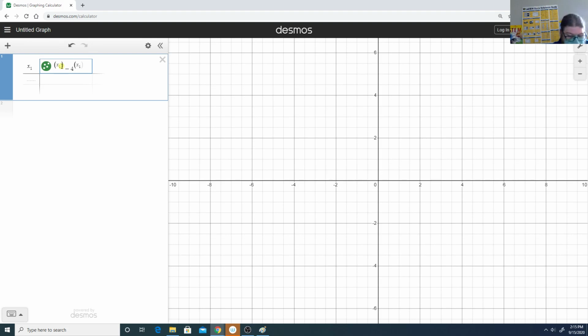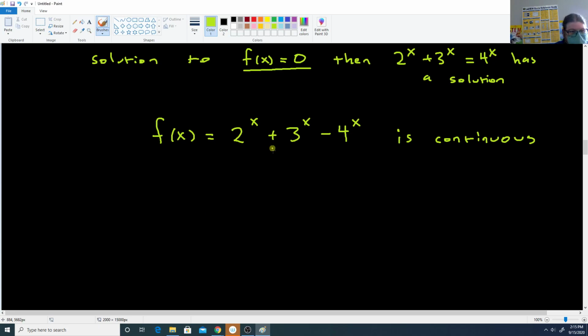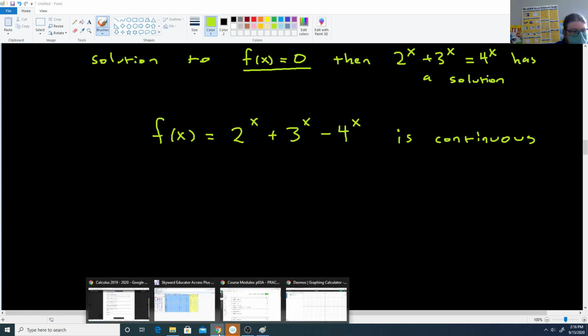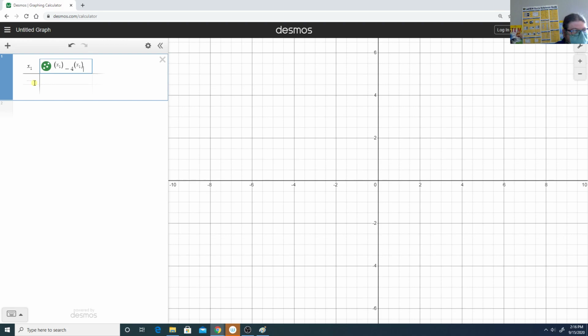Let me make sure I've got this entered correctly. The equation was 2 to the x plus 3 to the x minus 4 to the x. That should be okay. So let's look at x1 being 1.